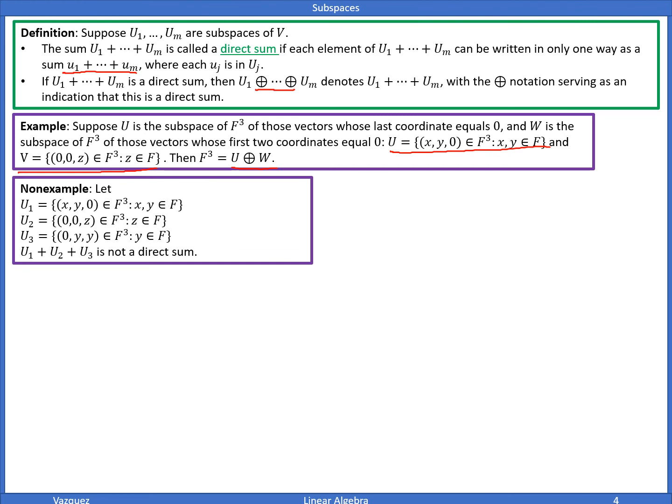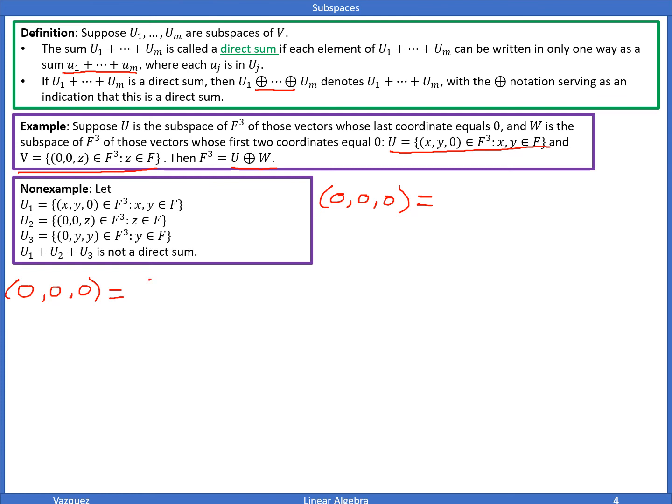Right, so the reason it's not a direct sum is because, say for example, I were to choose 0, 0, 0, an element of F3. I'm going to write it down here so we have more space. 0, 0, 0 of F3.